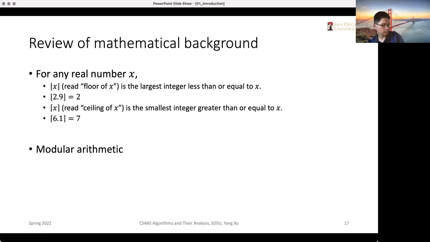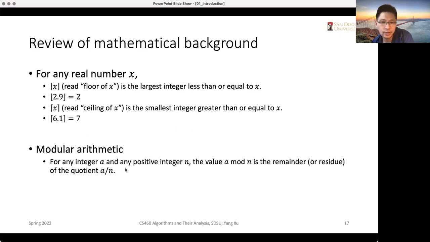Second, the modular arithmetic. It's also a basic arithmetic operation. Modular means that when we divide one integer by another positive integer, the remainder, or the residual, of the division is written as a mod n.